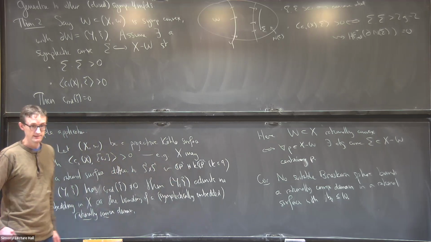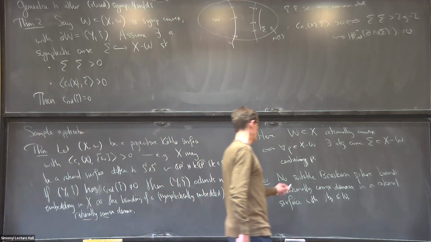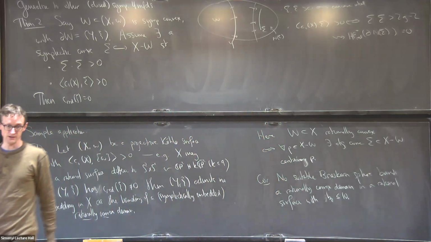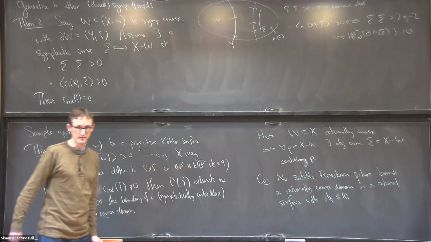And here you have to keep this suitable because you don't know that there's... That's right. An example of one that's not suitable is the Poincaré sphere. And that one does bound a rationally convex domain in the rational elliptic surface. That's the case with K.